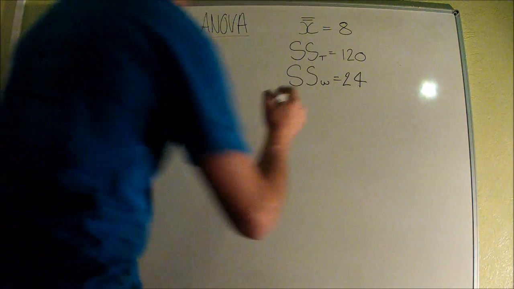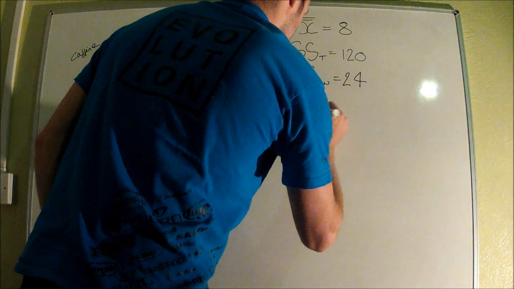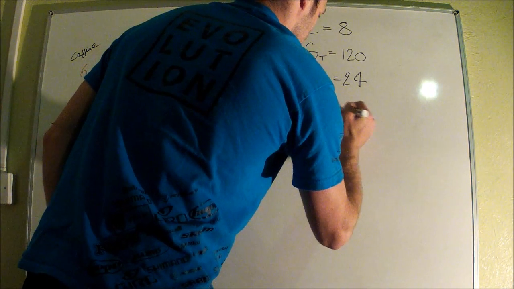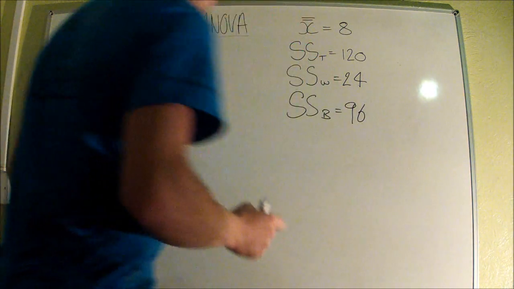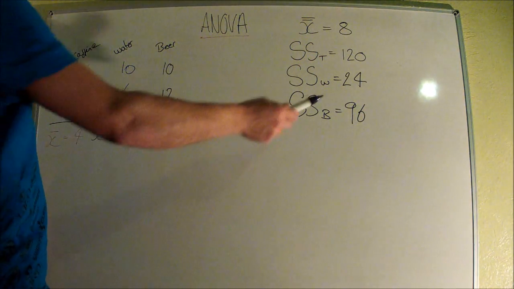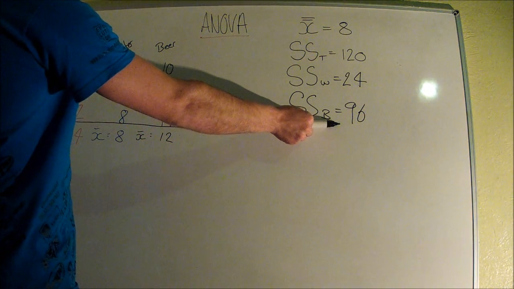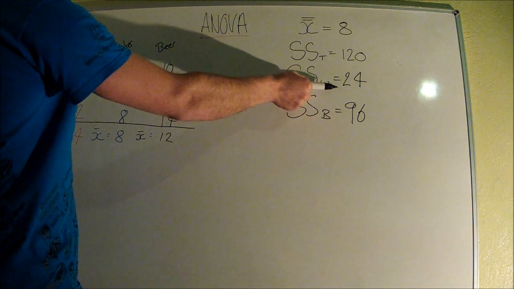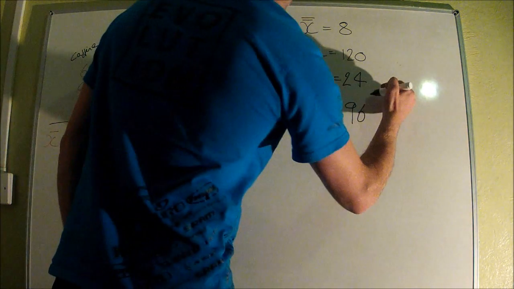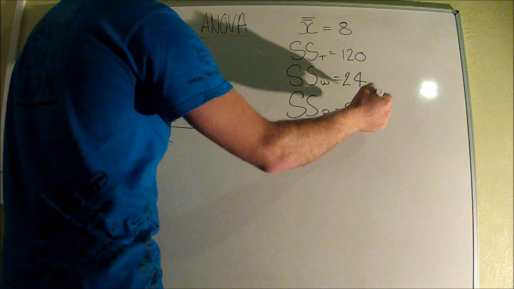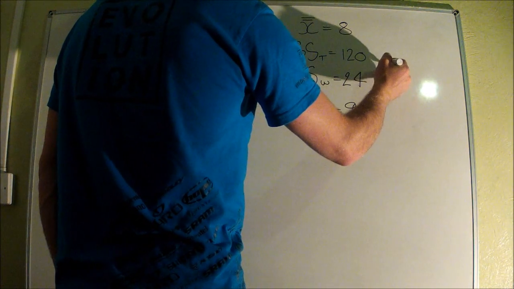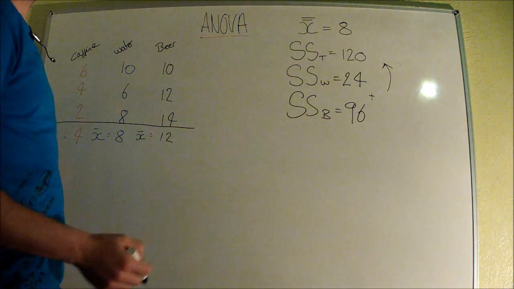So if we put our SSB equals 96, you'll realise that our sum of squares between, so variance between each group and our variance within each group, if you add them together, they equal our total variance of 120.